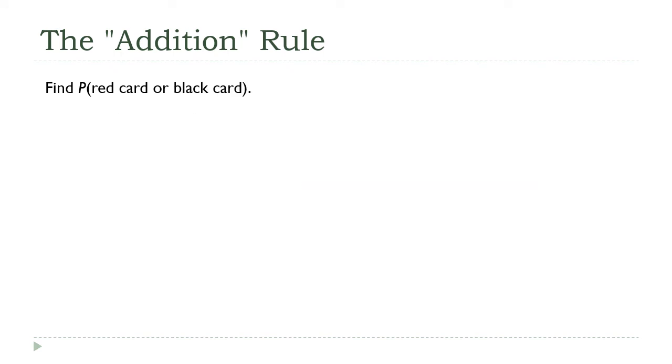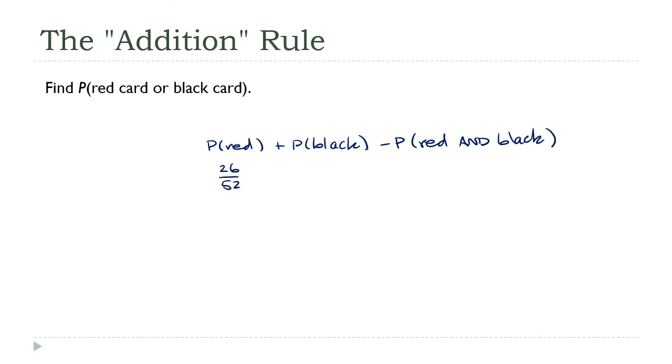All right, so how about this one? Probability of getting a red card or a black card. Right, well, this is the probability of red plus the probability of black minus the probability of red and black. Okay, well, red cards, that's half the deck, 26 out of the 52.